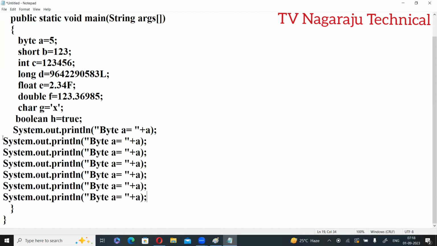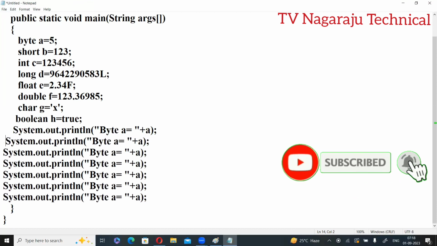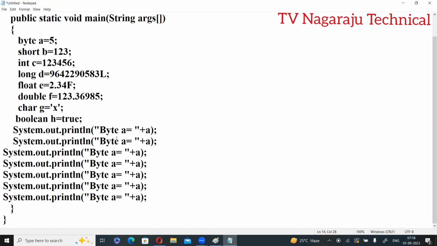So System.out.println, byte. Then short. Just for your understanding, short type. Observe, whatever you write is exactly printed. Here what value is required?